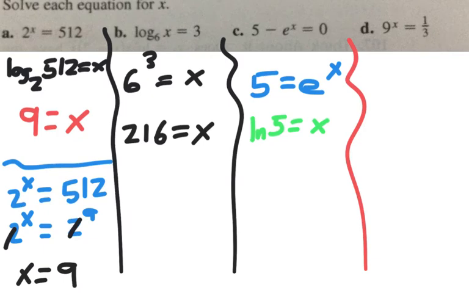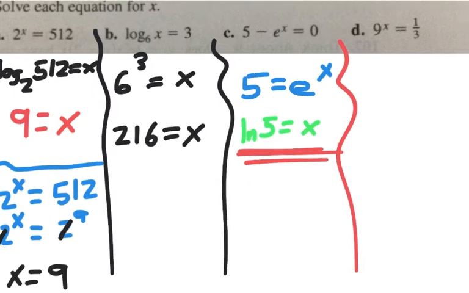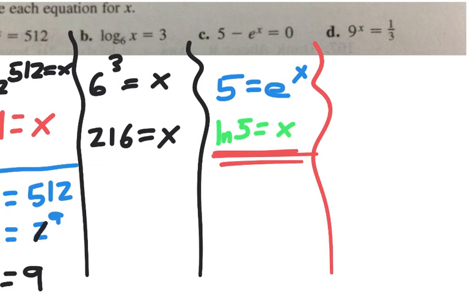Log base e of 5 equals x. And then we're going to leave this as our answer, because it's going to be some ugly decimal. And then D part.